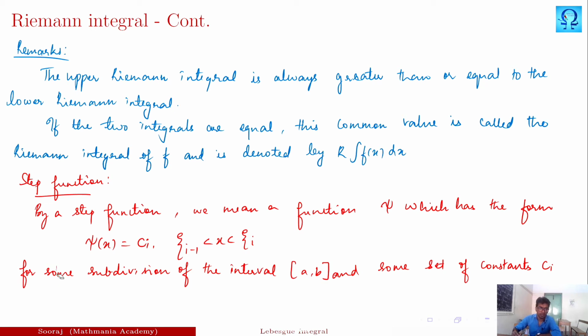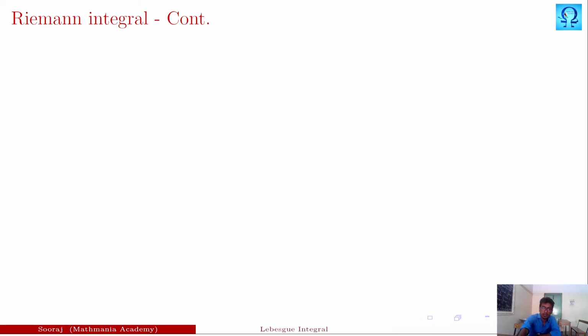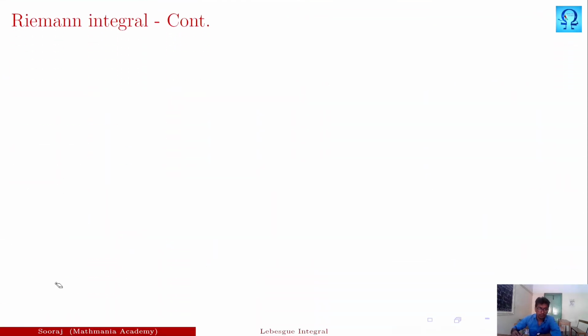Fine. So now with the help of the definition of the Riemann integral we are about to do something, and that would be from the definition of the integral.